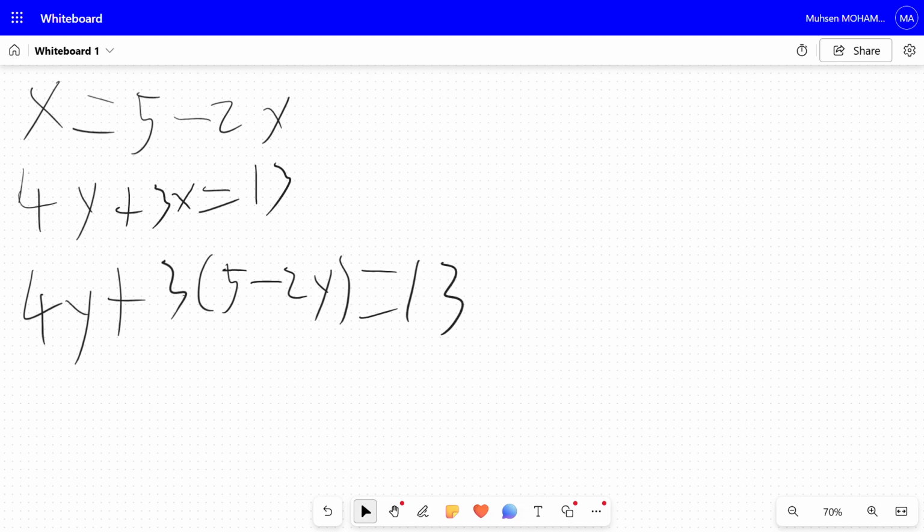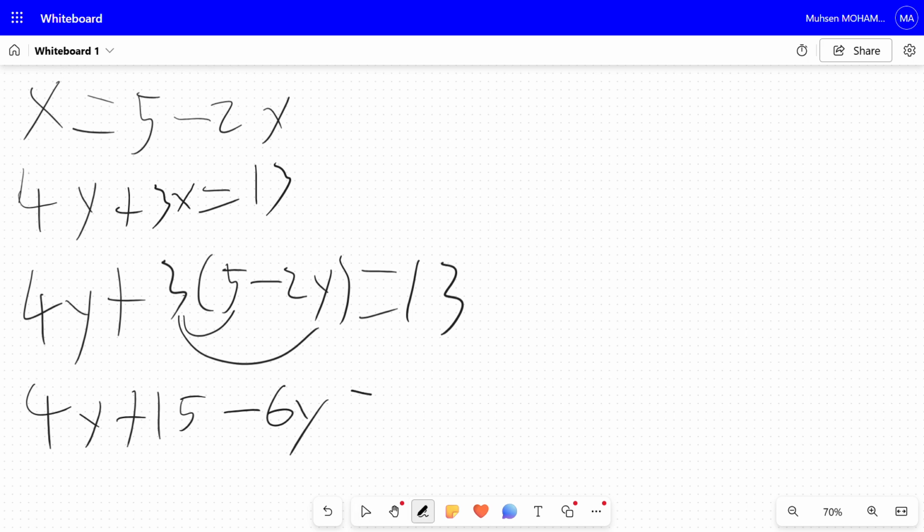So here I can just do the FOIL method and get 4y plus 15 minus 6y is equal to 13.